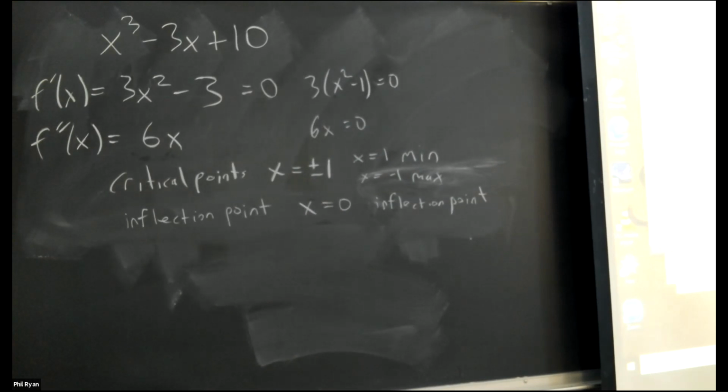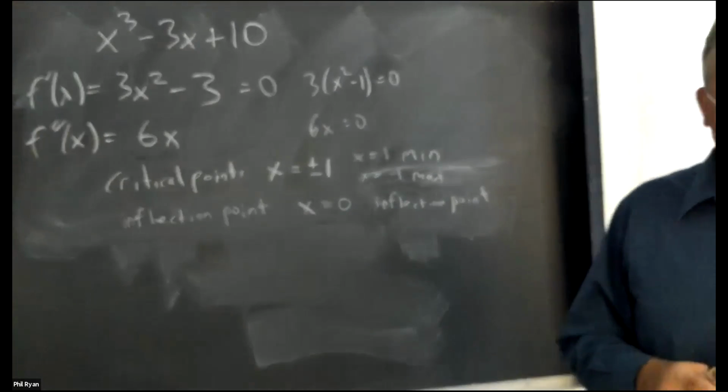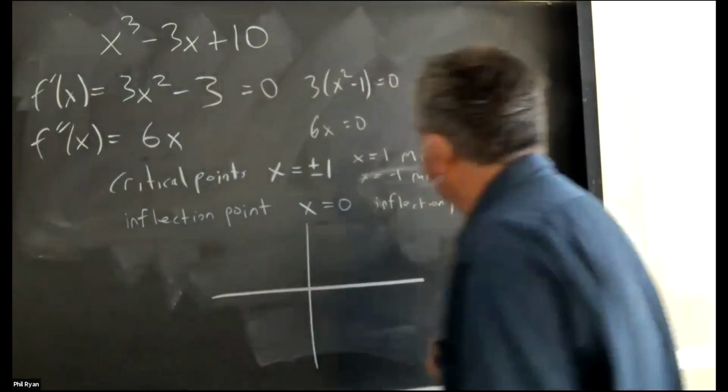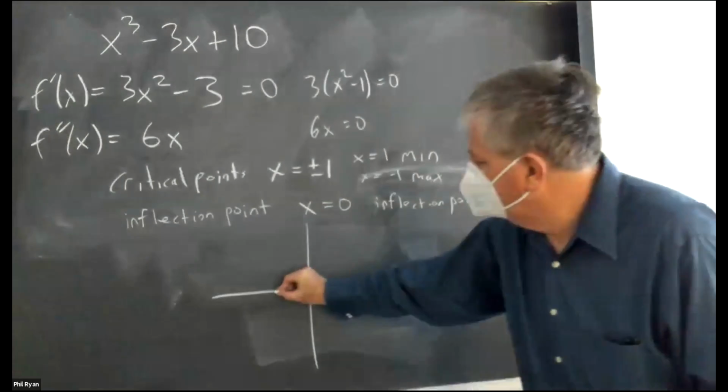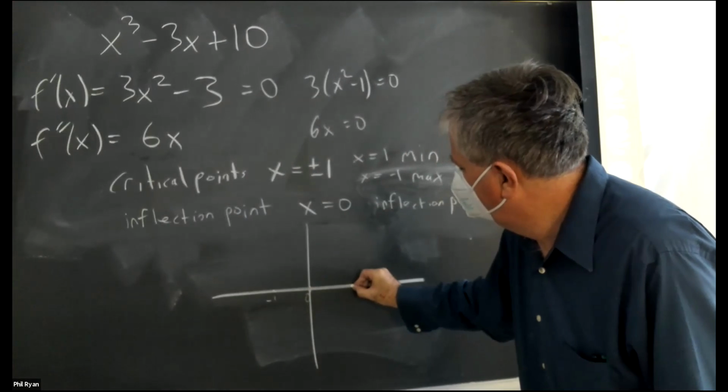How would I graph that? Then it's pretty easy. All you've got to do is worry about 0, 1, and minus 1. So here's minus 1, 0, 1.